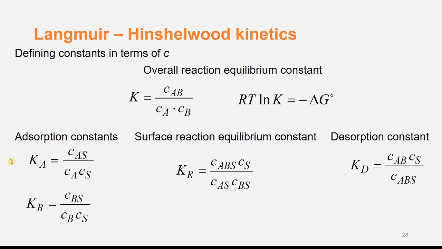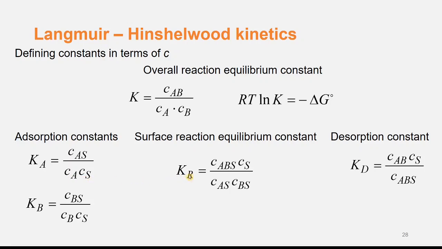For example, the adsorption equilibrium constant, Ka, is the concentration of the product in that step, which is CAS, divided by the concentrations of the reactants in that step, which are Ca and Cs. Same thing for Kr.